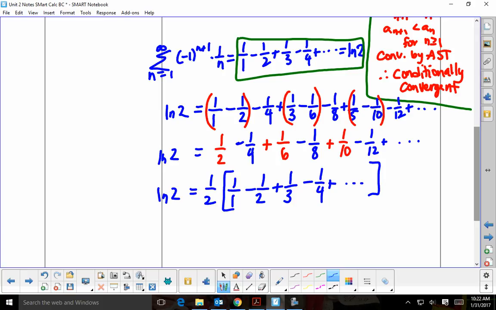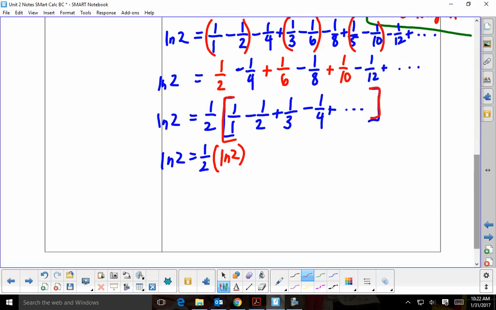So I just found that this ln of 2 equals 1/2, and all of this in here we already saw was the ln of 2. We saw it right here. So, hold on, I can cancel out the ln of 2's, right?